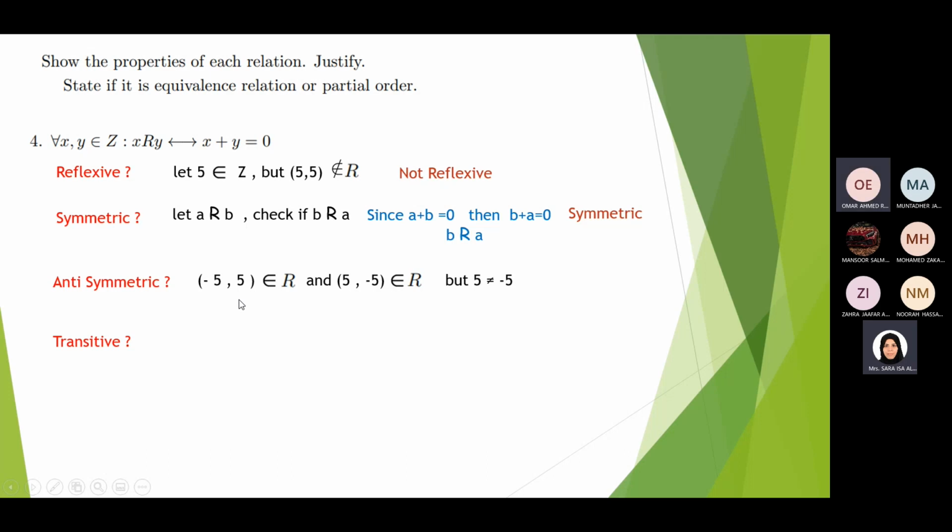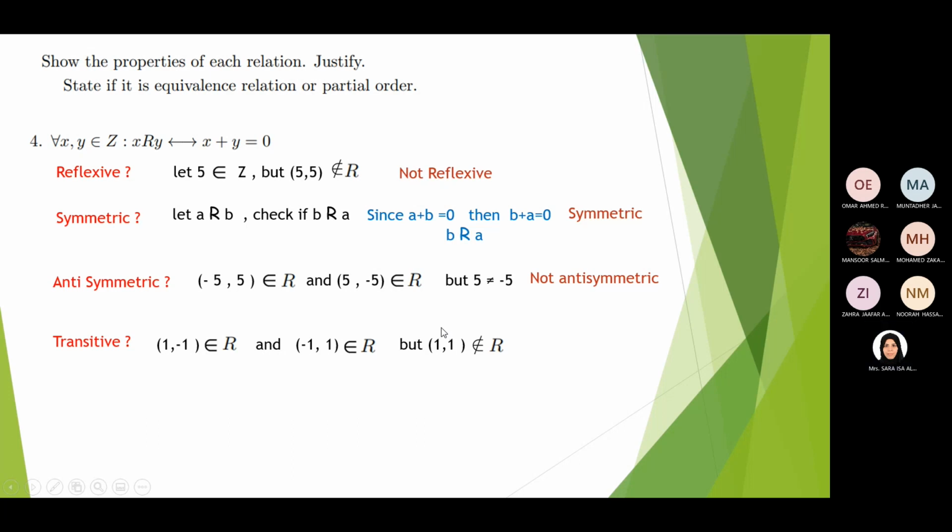It will be minus 2A. So in this case, this is also not transitive. You have to give a counterexample. For example, 1 and minus 1, minus 1 and 1, but 1, 1 does not belong to R, because their total is 2, not 0. You can put any counterexample here such that the result will not belong to R. Now, is this an equivalence relation?